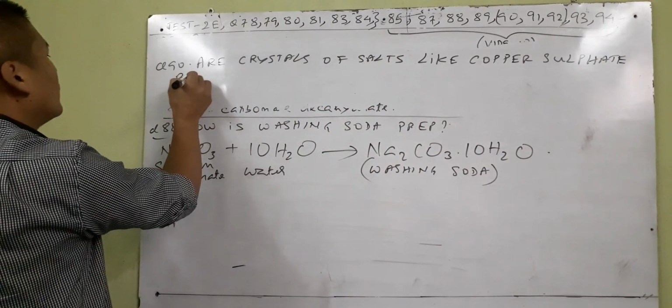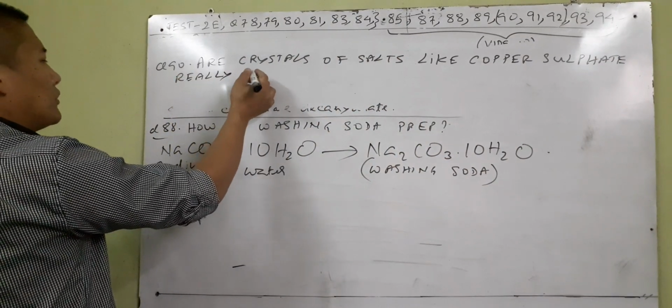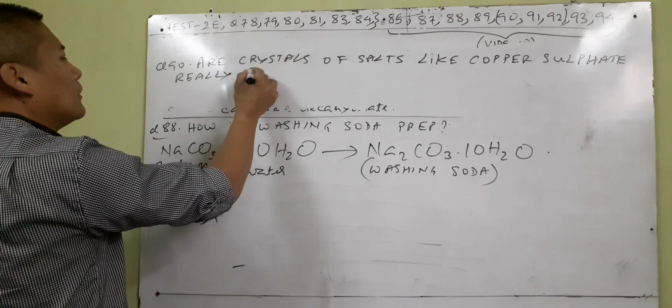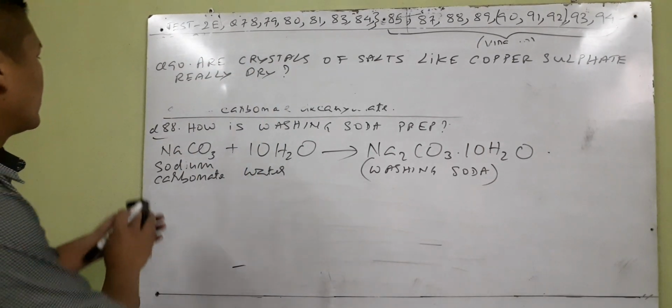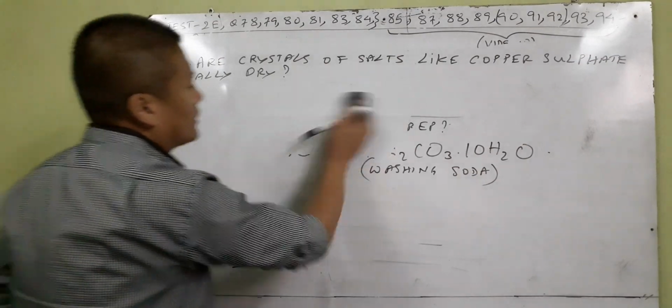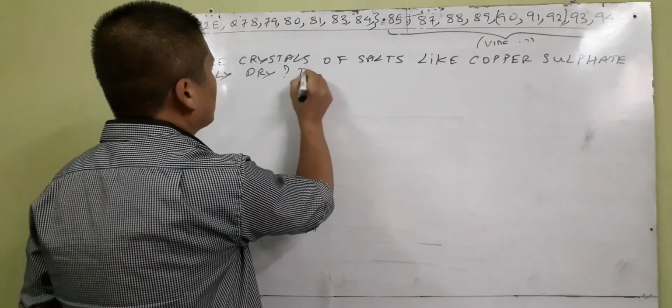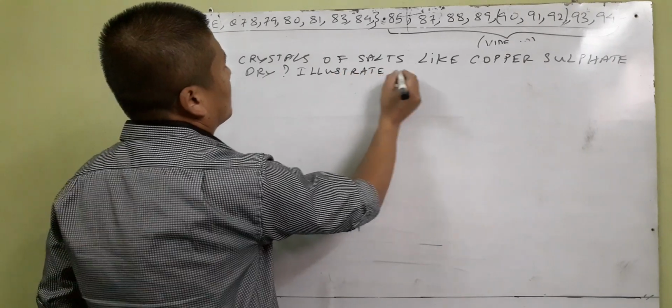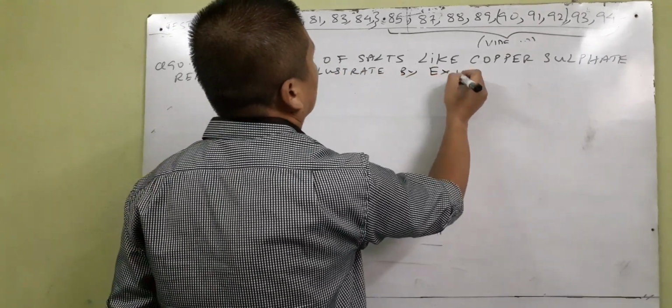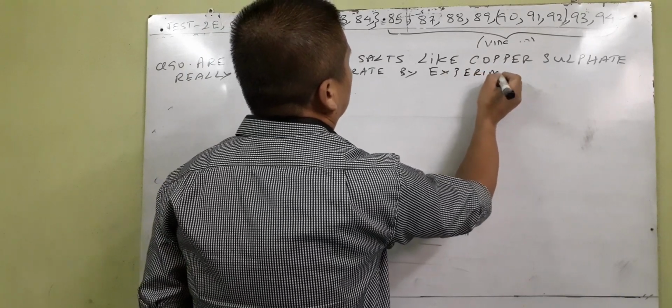That means they look dry, when you take them in your hand. But are they really dry? We're going to see that. So check with an experiment. You can write here, illustrate by experiment.